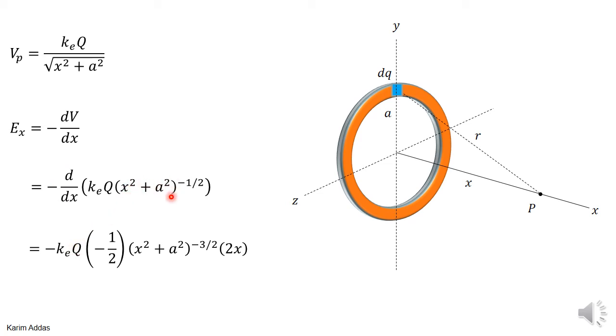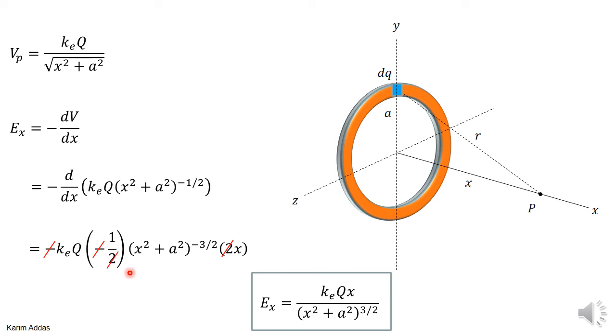The derivative of the bracket is the exponent, which is minus half, times the bracket to the power minus 3 over 2, times the derivative of what's inside with respect to x, which is just 2x. So you can see clearly that the 2 will cancel with the 2, the minus will cancel with the minus, and you get the final answer that the x component of the electric field is KeQx over x squared plus a squared to the 3 over 2.